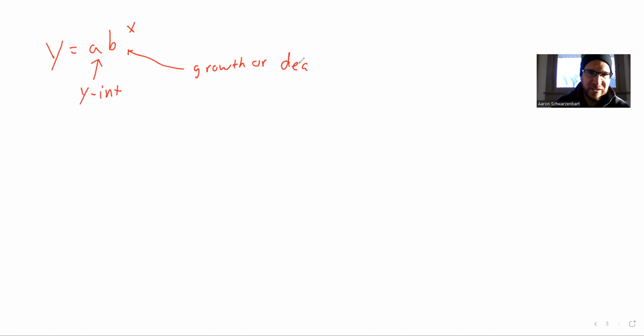And it is often decay, sometimes called constant multiplier, or if you remember geometric sequences from last year, it was the common ratio. Multiplier.